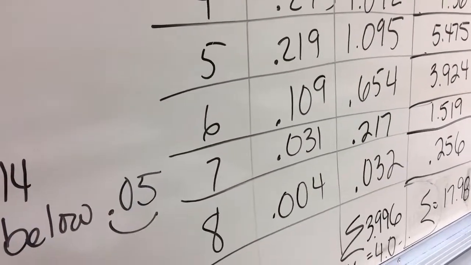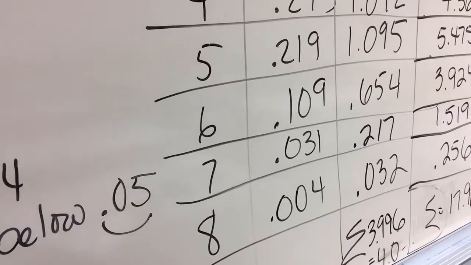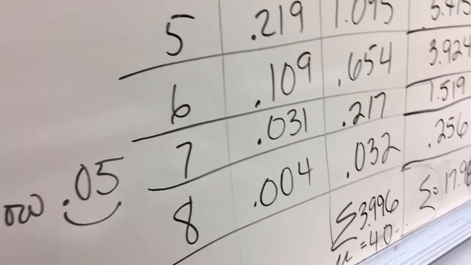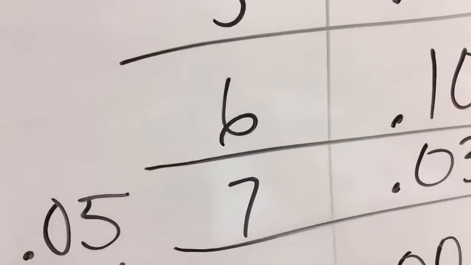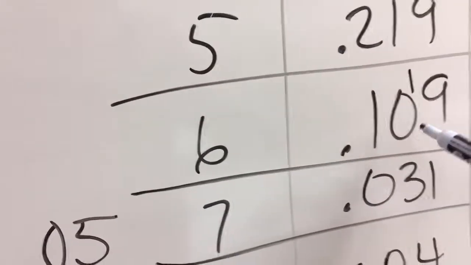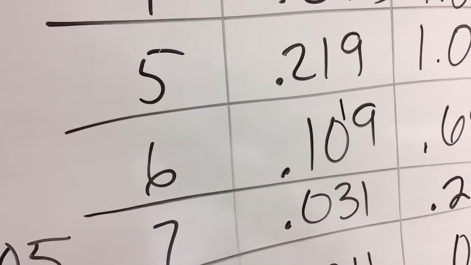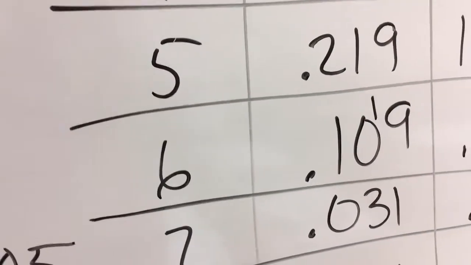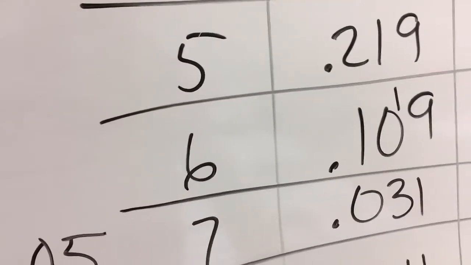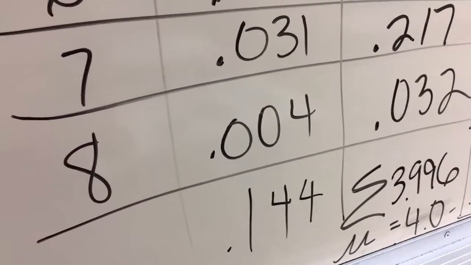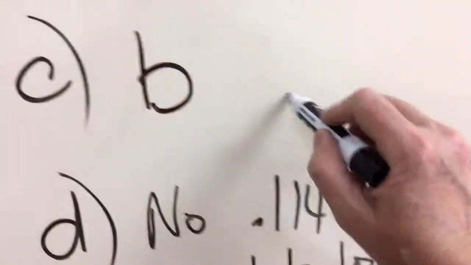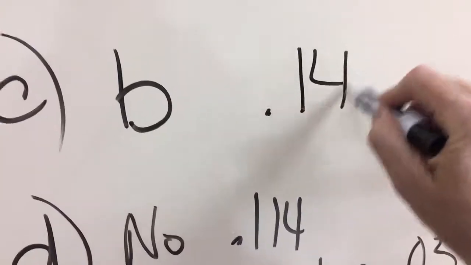So when I add 0.109 and 0.031 and 0.004, I'm going to get 10 plus 4, 14, carry, and I'm going to get a 4. And then I don't carry, and I get a 1, and I get 0.144, excuse me, 0.144.